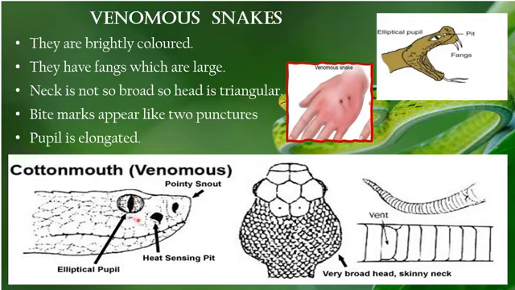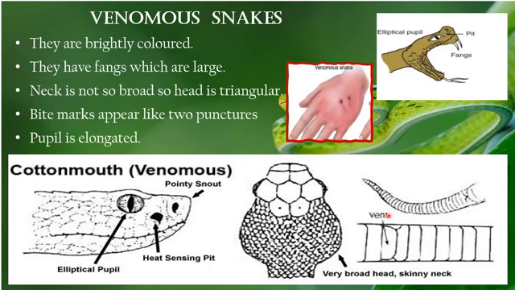Like us human beings, we have a round pupil, but here you can see the venomous snake has an elongated or elliptical pupil. It also has a heat-sensing pit, which enables the snake to hunt during nighttime. It has a pointy snout, which means the nose area is a little bit extended, which helps the venomous snake to smell better.